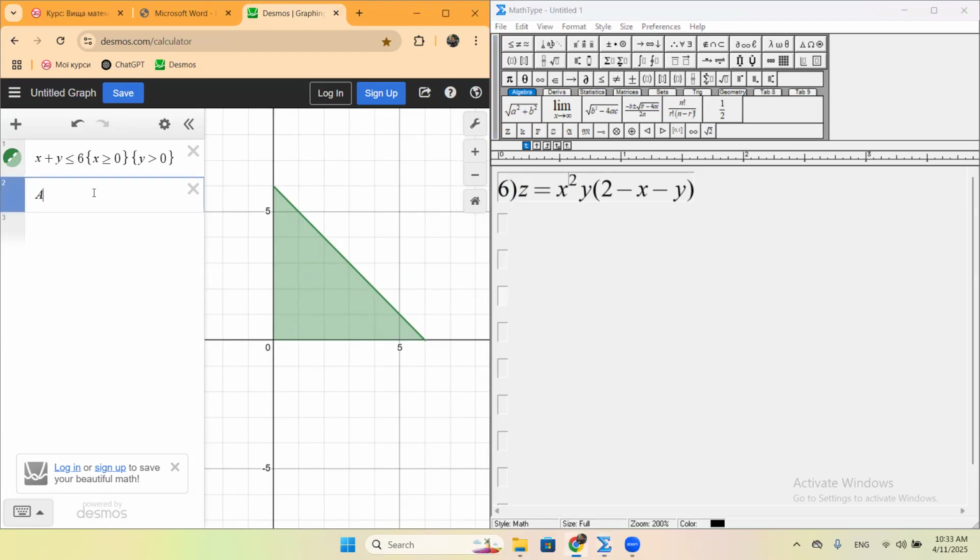Let's also mark some points here. So 0, 0, let's mark it as O. Then 6, 0, let's label it as A.